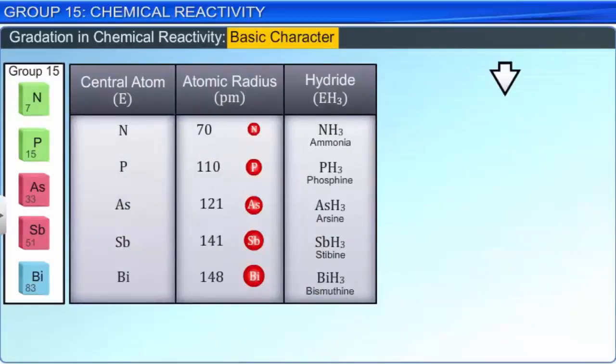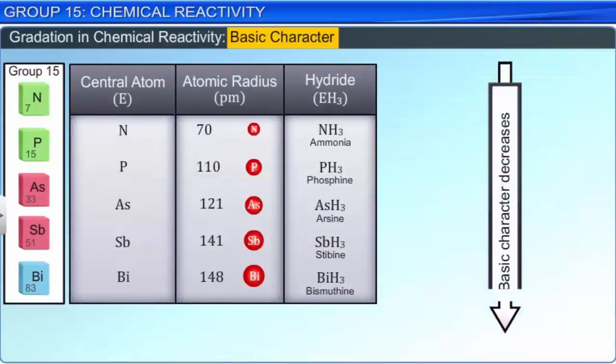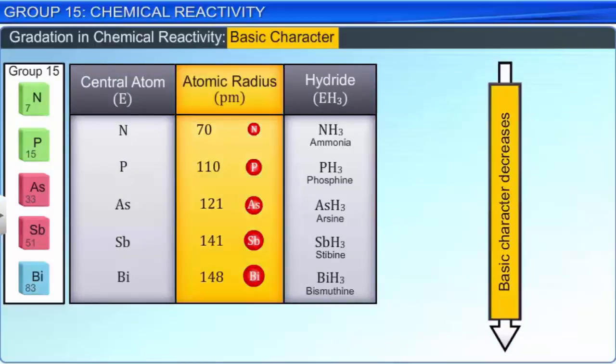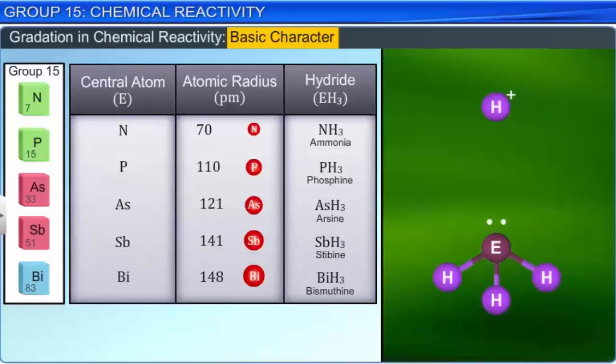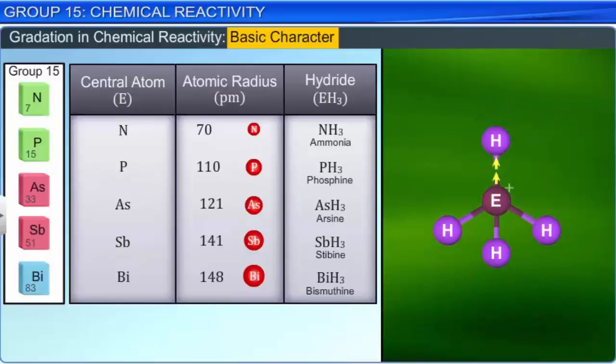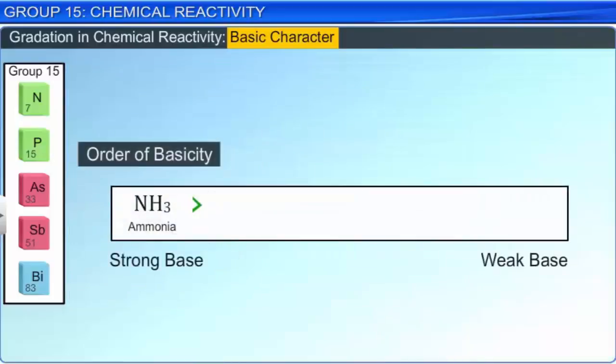With the increase in size, the lone pair of electrons gets dispersed over a large area of the central atom. Thus, the tendency to donate the lone pair of electrons gradually decreases. The decreasing order of the basic nature of hydrides is represented here. It is apparent that ammonia is the strongest base of all hydrides.